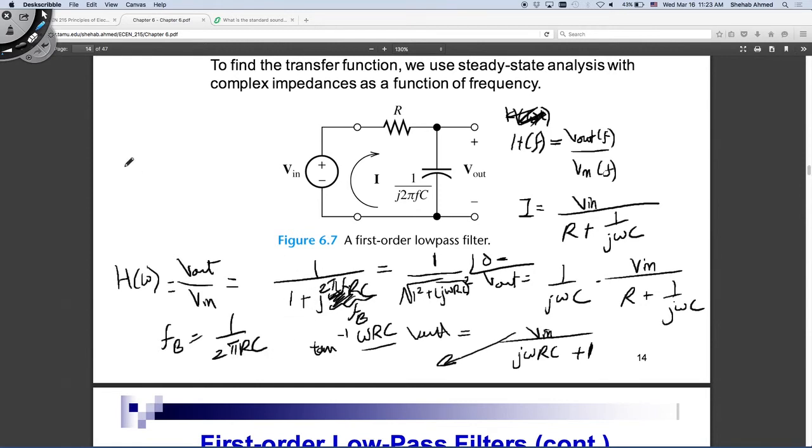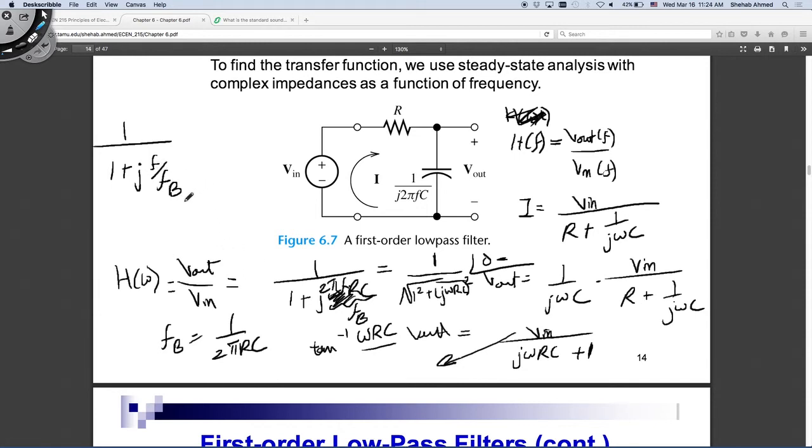So how do I rewrite this as 1 over 1 plus J what? F on top, and then 1 over, this is 1 over FB basically, right? Because FB is 1 over 2 pi RC. So I have a 2 pi RC here, so it's like flipping FB. So this is F over FB. Right, guys?